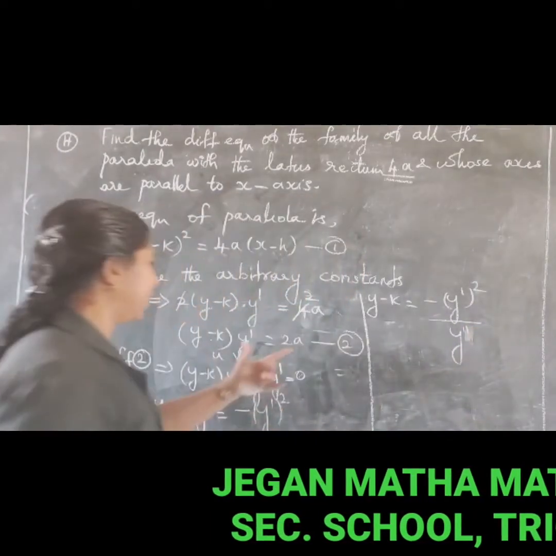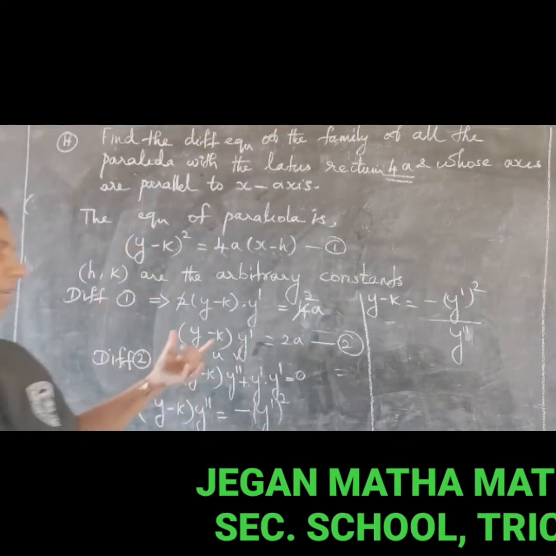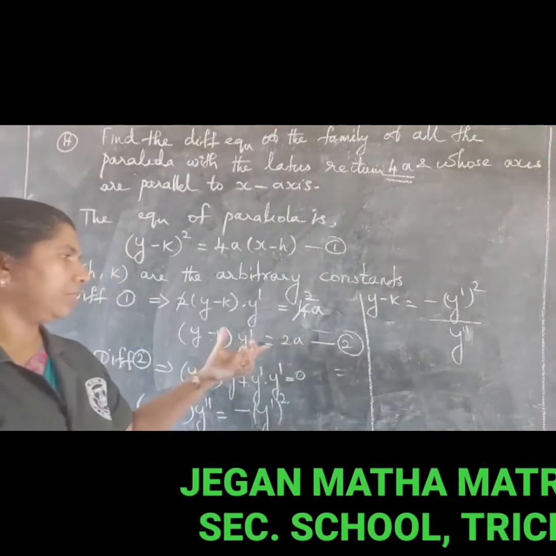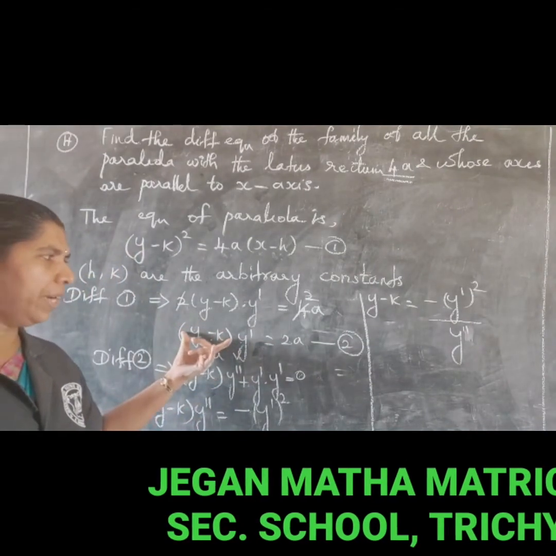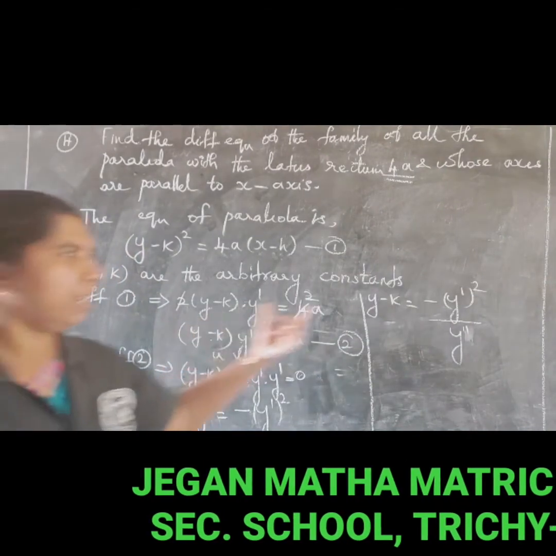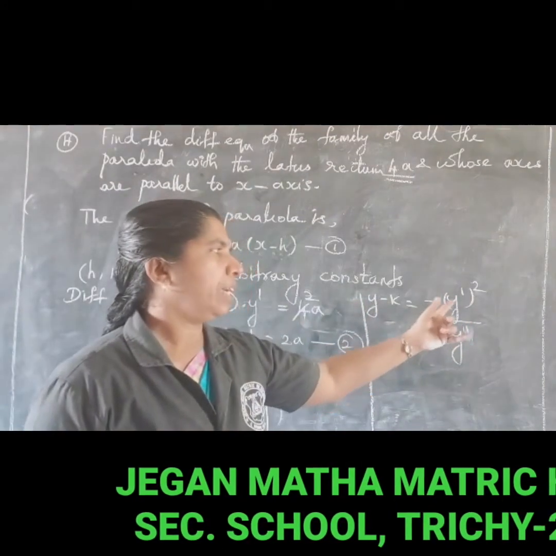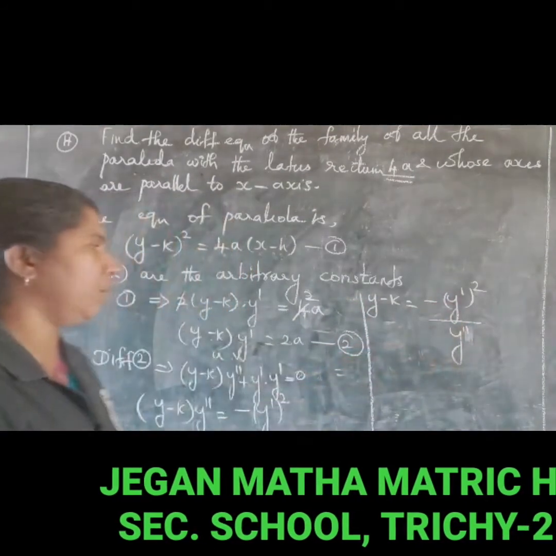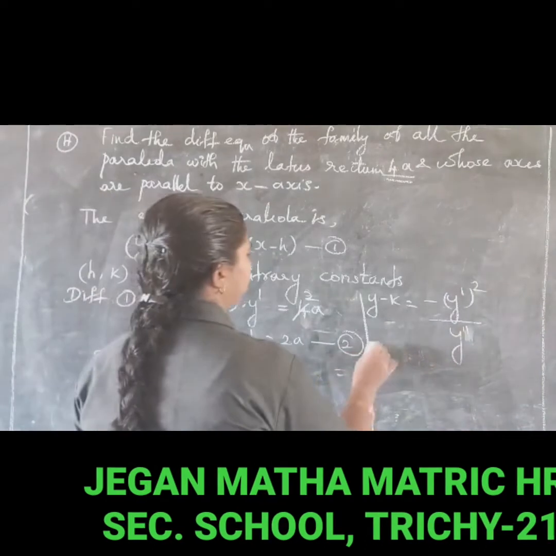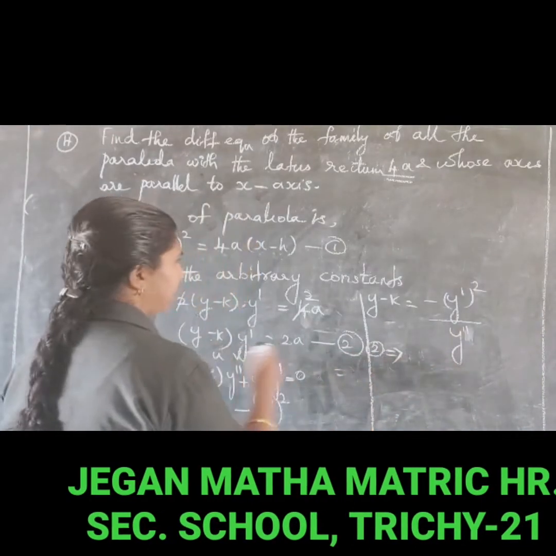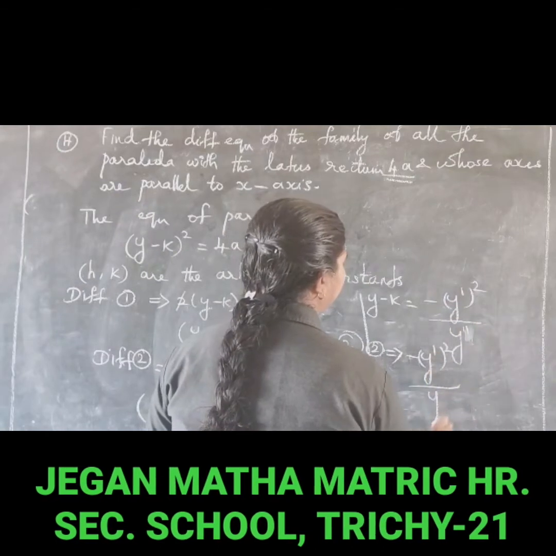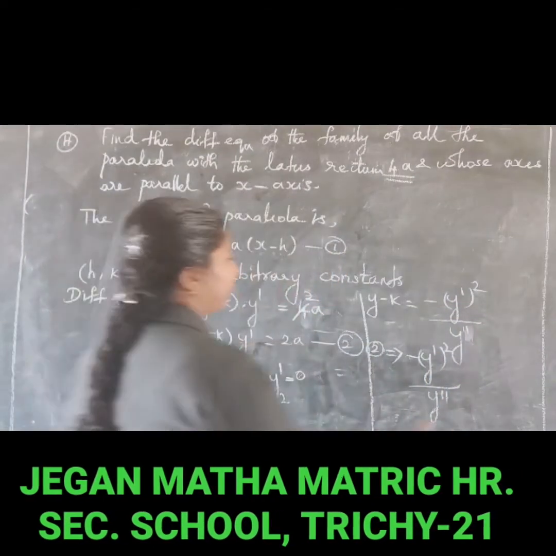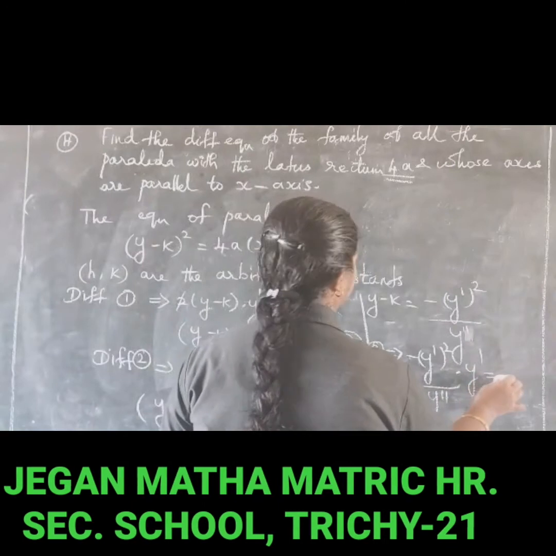Now in the second equation, we want to eliminate only this k. So you can take the second equation and replace y minus k. Instead of y minus k, you can write it as minus y dash square divided by y double dash. Therefore, the second equation can be written as minus y dash square divided by y double dash into y dash, which is equal to 2a.